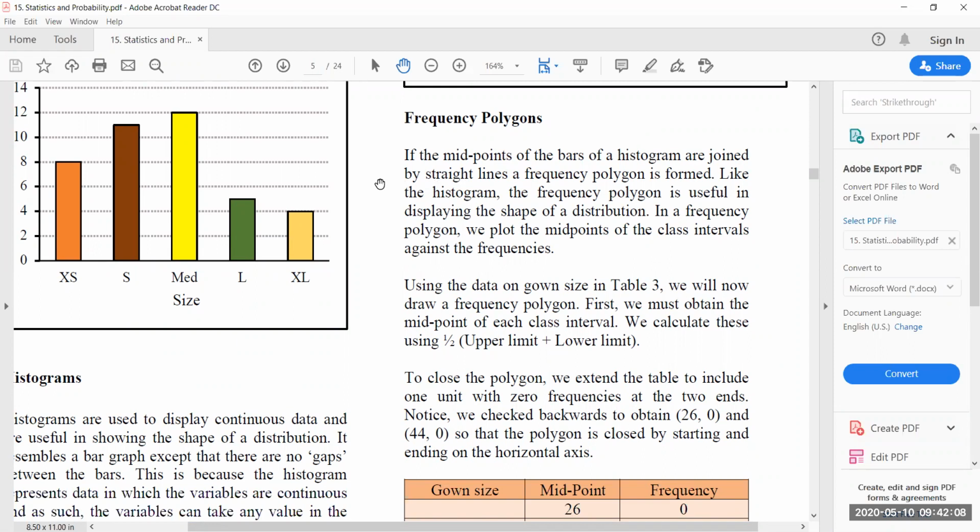Using the data on gown size in table 3, we will now draw a frequency polygon. First, we must obtain the midpoint of each class interval. We calculate these using a half or 0.5 multiplied by the upper class limit plus the lower class limit.